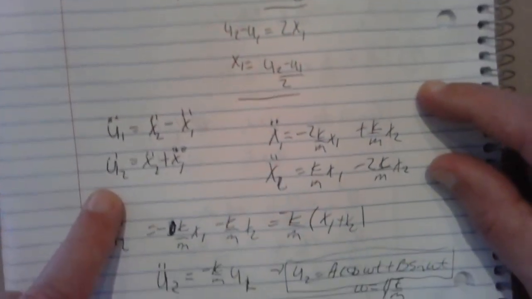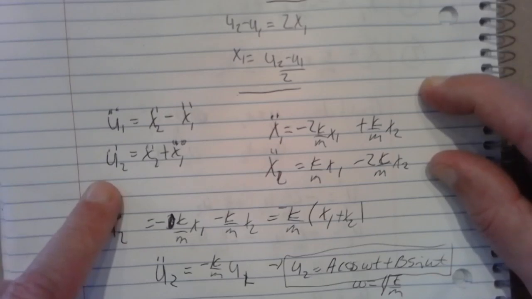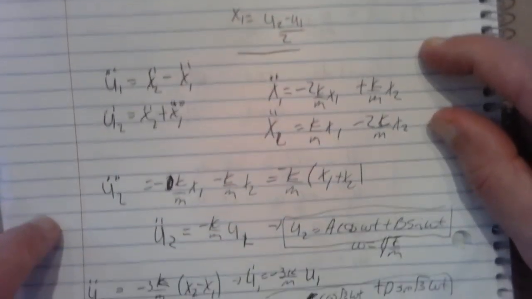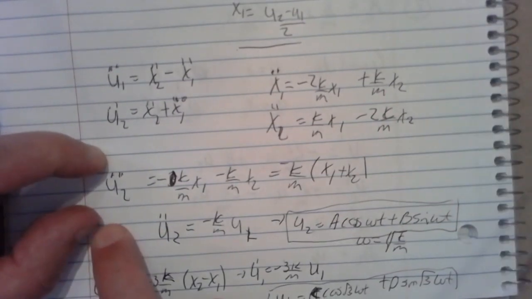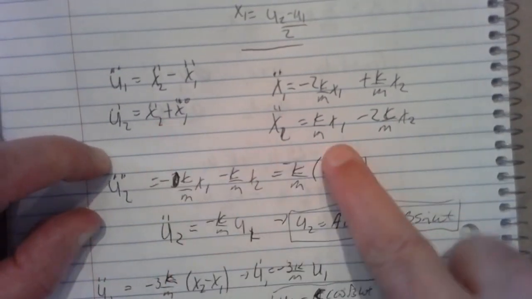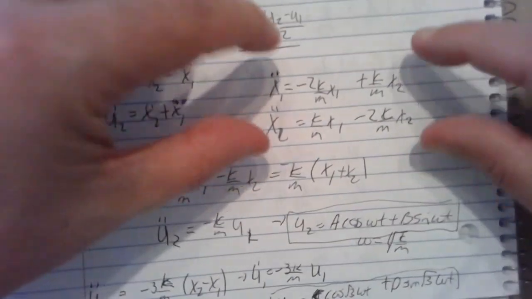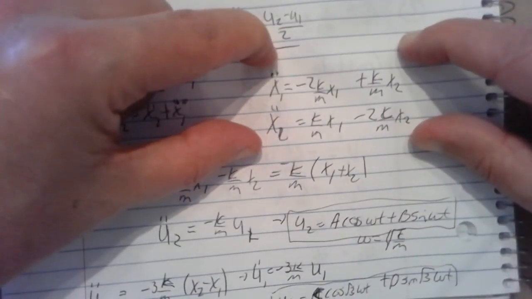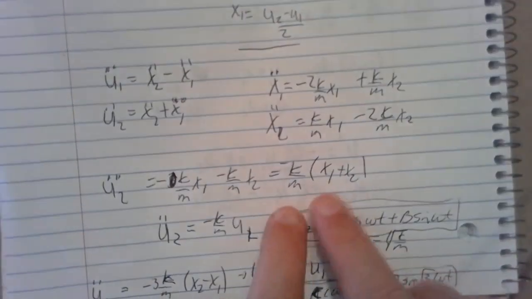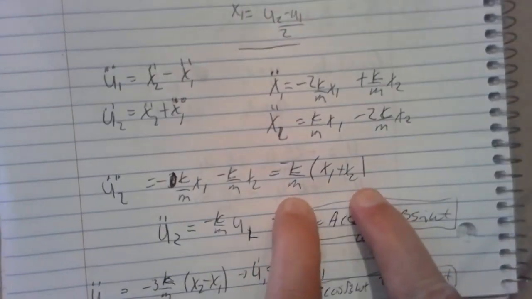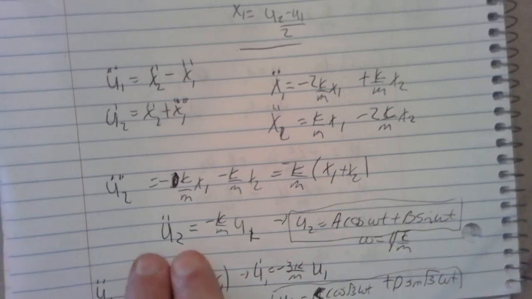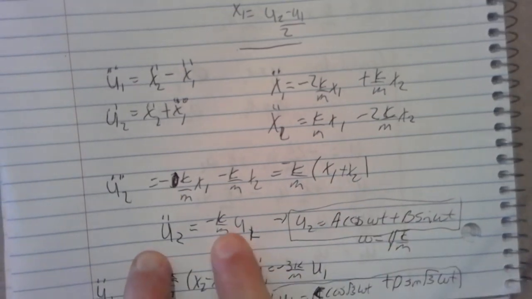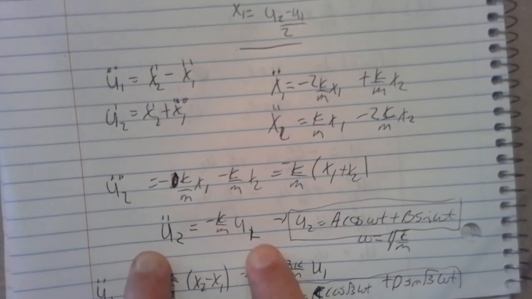Okay, here are my equations again. I just rewrote them here so we could see them. Then u2 double dot should be these two added together. If I just add these two equations together and simplify, I get this. Check those details on your own. But that right there, that was u2. So u2 double dot is some negative multiple of u2.